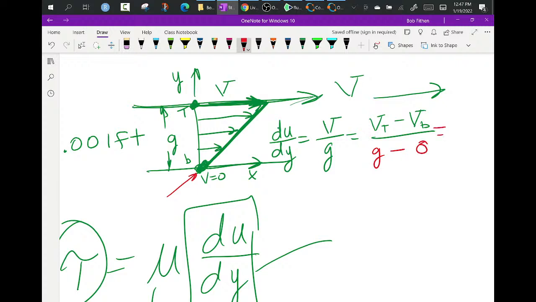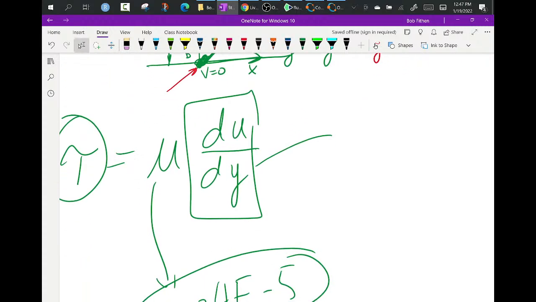I still get velocity over g, because the velocity of the bottom was 0. So I can say this is nothing more than 2.34 e to the minus 5 times the velocity of the plywood over the gap between there.